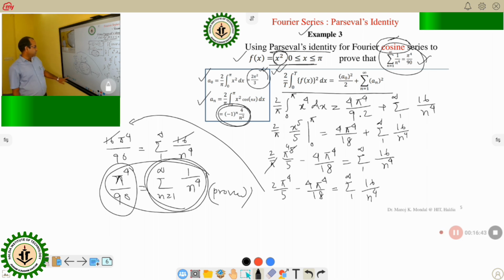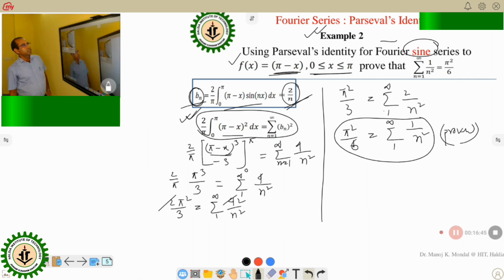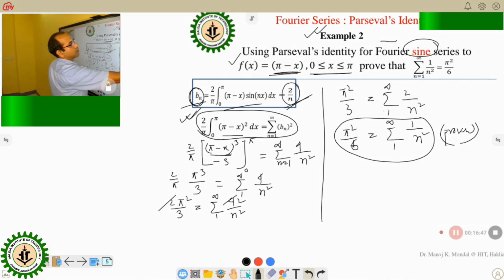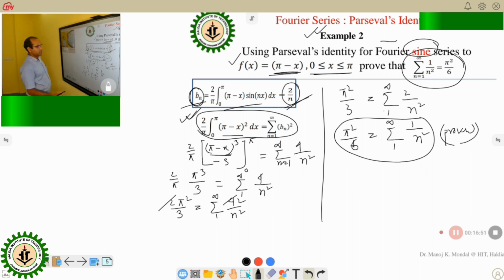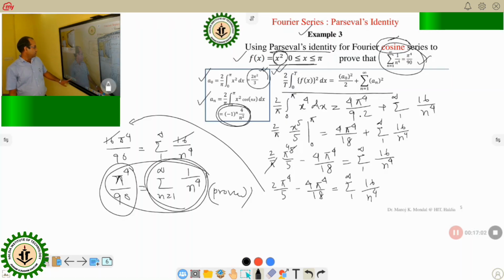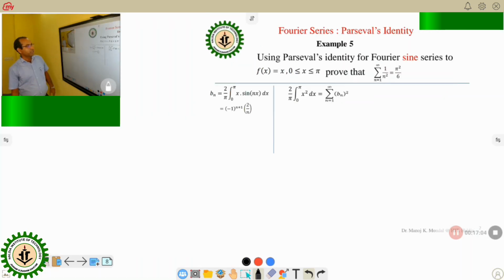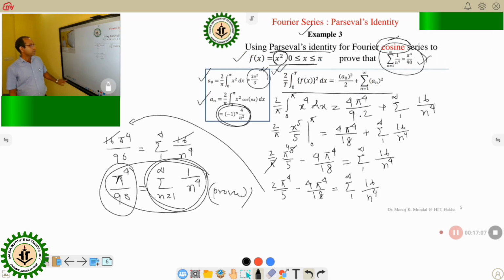Similarly, in the previous example, the series summation 1 by n square equals pi square by 6. That means this series converges to pi square by 6, and in this way we can easily find the value of such series. Thank you.